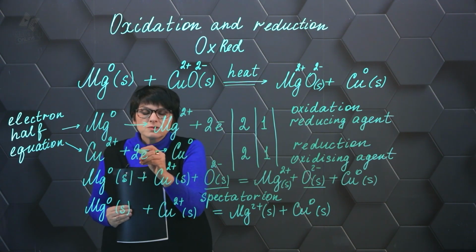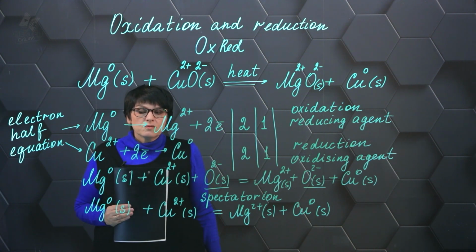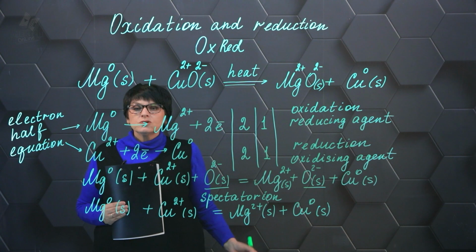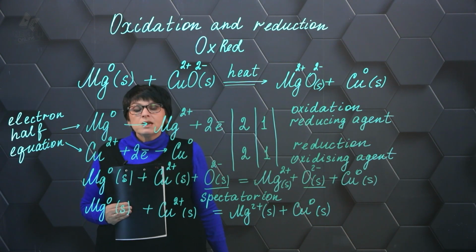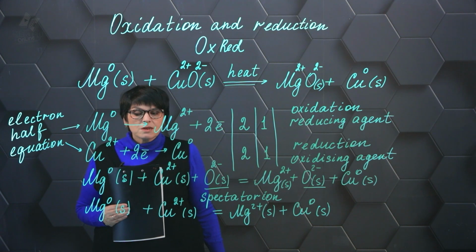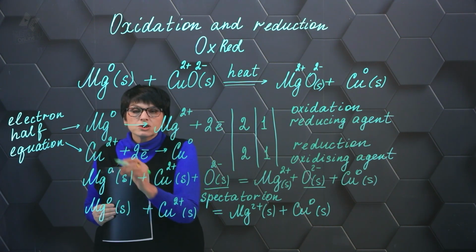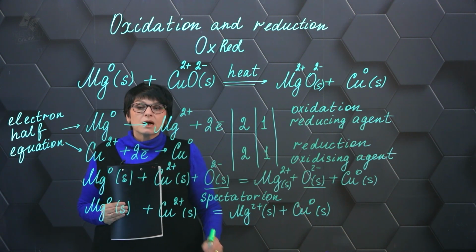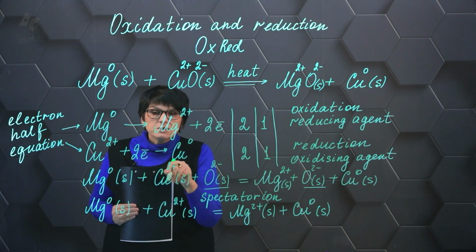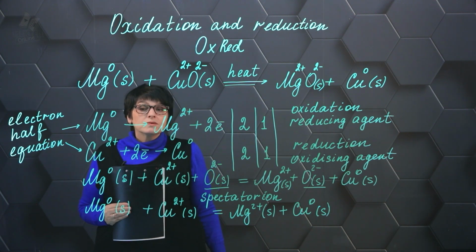I would also explain the question of why magnesium is able to displace copper. The fact is that for metals, there is a special series of metal activity in which magnesium is earlier than copper. Or one could say that magnesium is stronger than copper, and then magnesium can displace copper from its, for example, oxide, or another compound, for example, a salt.